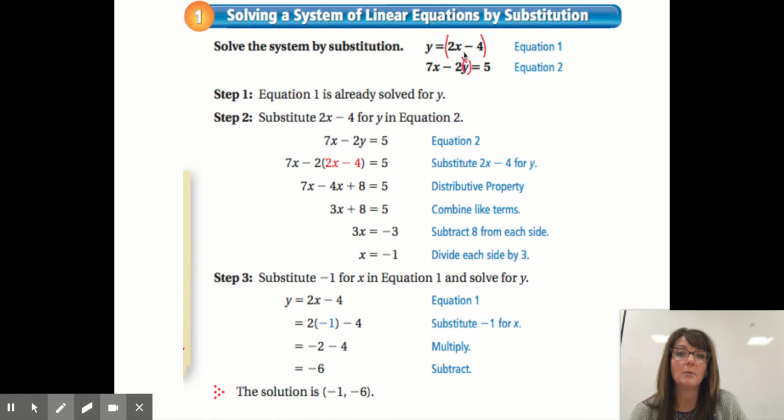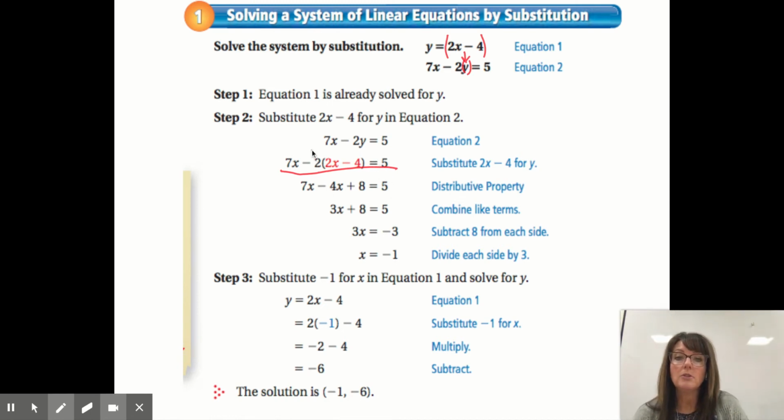Literally just stick it right there. So we have 7x minus 2 times y equals 5, and now 7x minus 2 times this 2x minus 4, because 2x minus 4 is equal to y. We can just use it to replace, substitute.